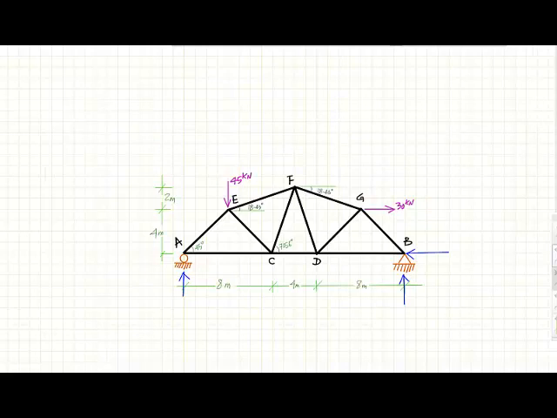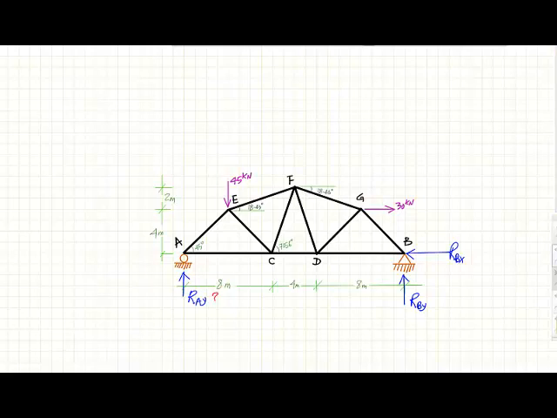And it's up to you. If you assume it differently, that will still be fine, but you will get a negative answer in the calculation, and you have to reverse it. So we'll name them. This is RAY, and this is RBY, and this is RBX. Now that we suggested names for these, let's again take a look at what the unknowns are.